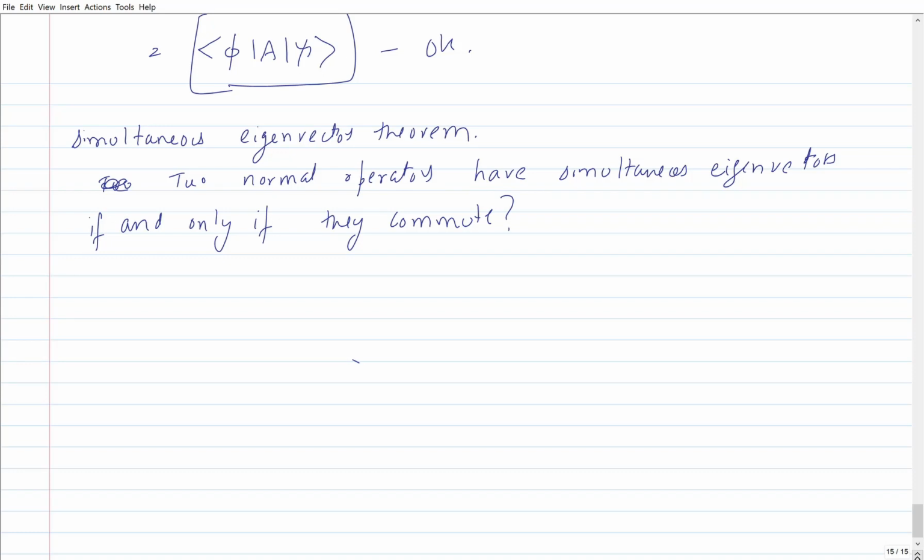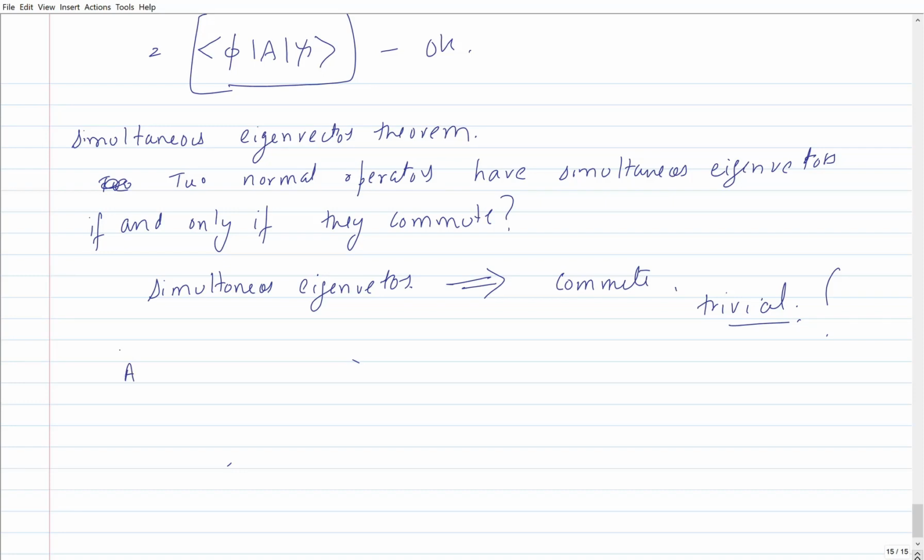So how are you going to show it? Well, the first part, that if you have simultaneous eigenvectors, you have to show that the operators commute. Well, that's trivial. You take the spectral decomposition and you show that they commute. What about the other part?